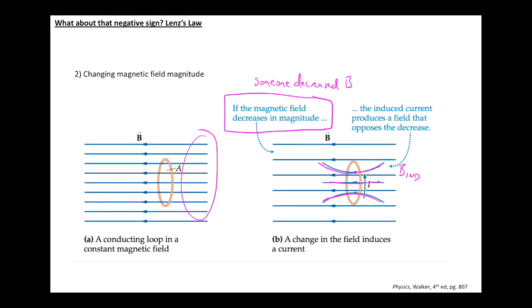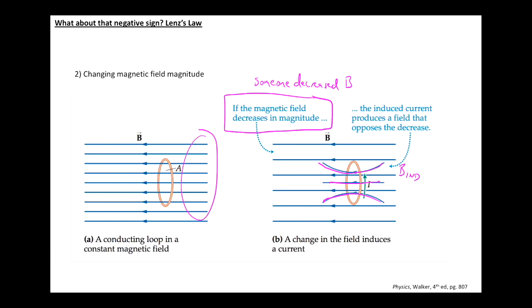A magnetic field passing through the loop to the left is induced in an effort to recreate what was lost. And once again, we can point our thumb in the direction in the middle of the loop of that induced magnetic field, and your fingers give you the direction of the induced current around that loop. If all of a sudden I stop turning down the magnetic field, that current stops, the induced magnetic field stops, everything stops.